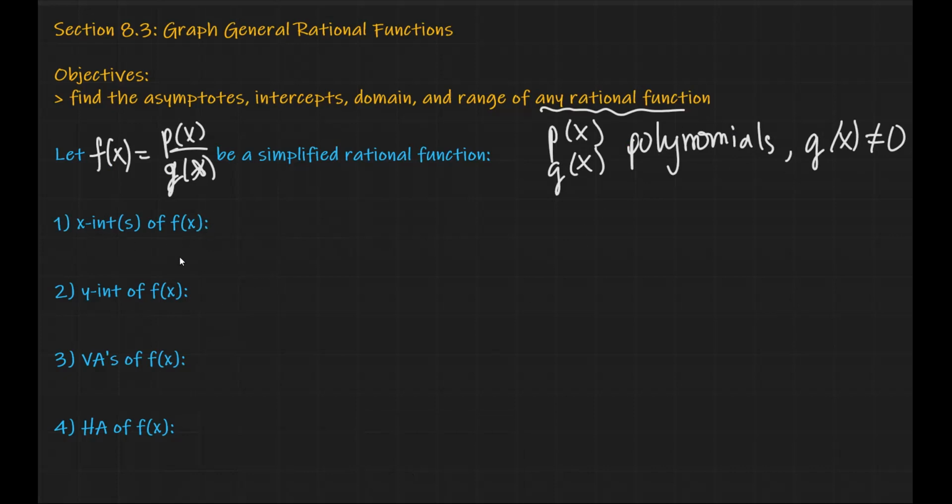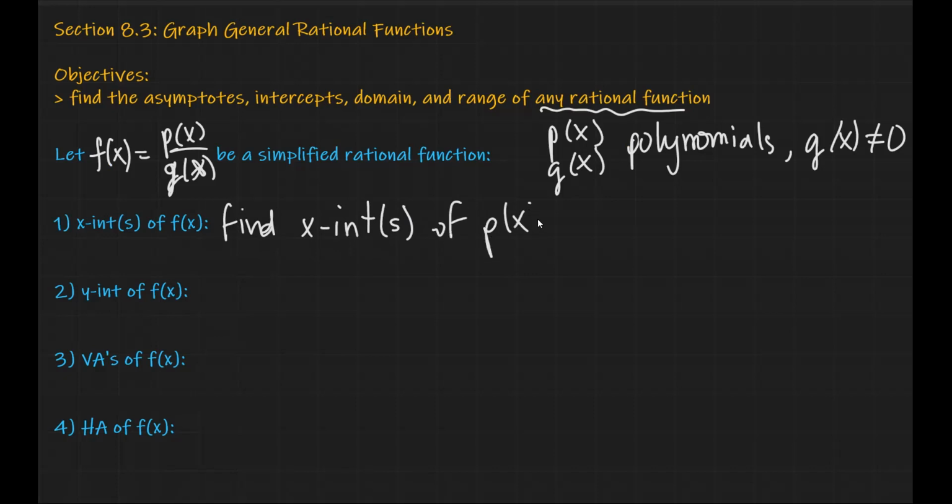So how are we going to find the x-intercepts of this? Well, what we would do is find x-intercepts. There could be one, there could be multiple, there could actually be none. We'll have to see. Find x-intercepts of p of x.